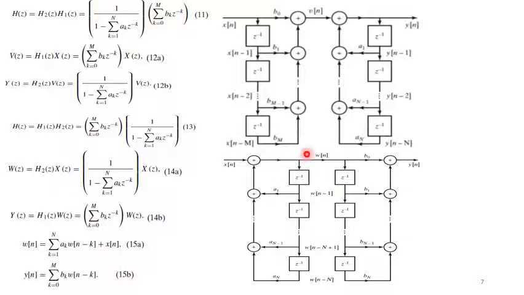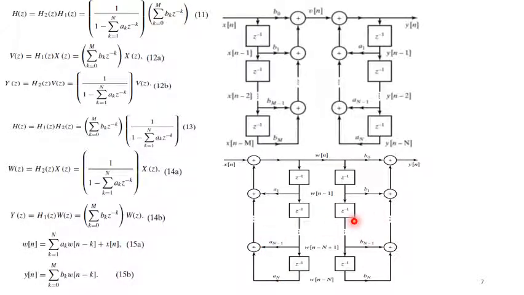You understand that W(z) in the time domain will be w[n]. So this is the point where you get w[n]. This is your input. You delay w[n] by 1 unit and scale it by a factor of a1, and so on up to N. So you get w[n minus N] times a_N.